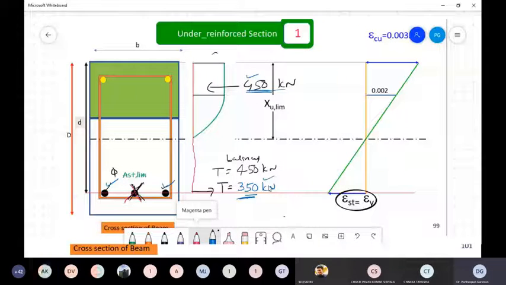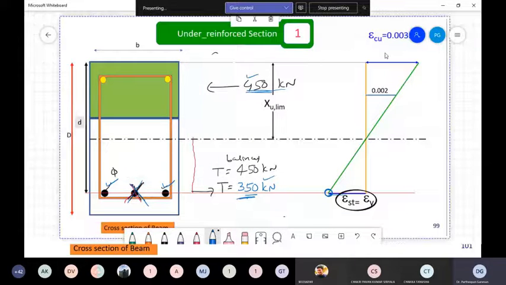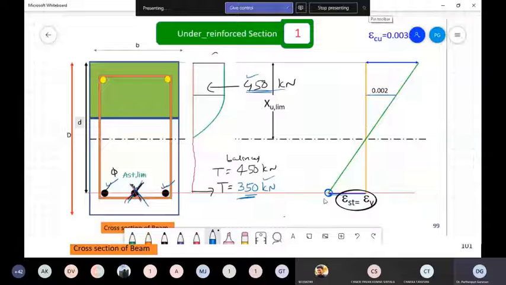So now you see, because you are reducing the area of steel, your steel will yield first. Here the strain will have come in the steel, but at this time, what will be the strain in the concrete? Will it be 0.0035 or no? At 350 kilonewton it has failed, it started yielding.